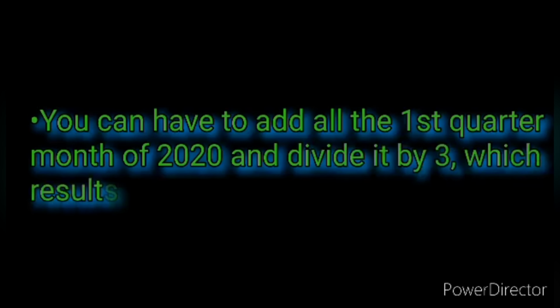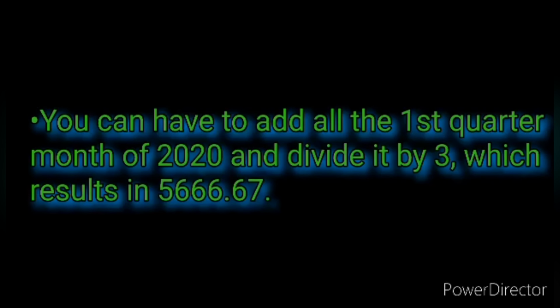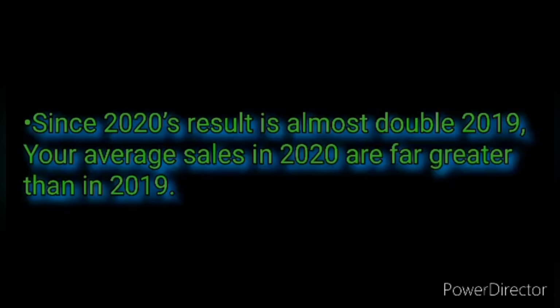You add the 2,000, 5,000, and 10,000 for January, February, and March, and the total is 17,000. Then you divide by 3, and the result is 5,666.67.